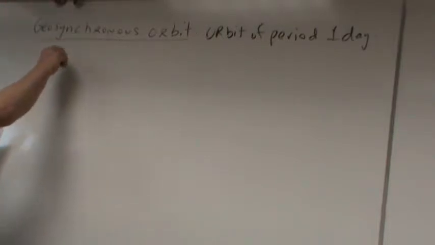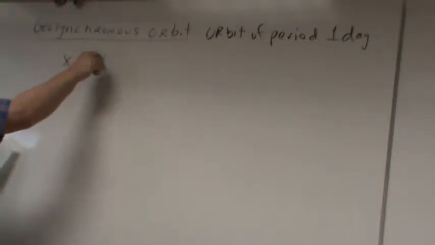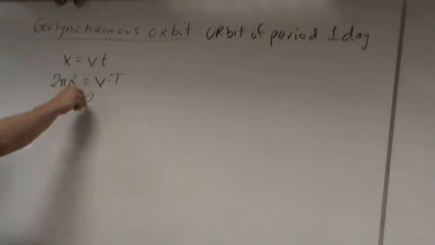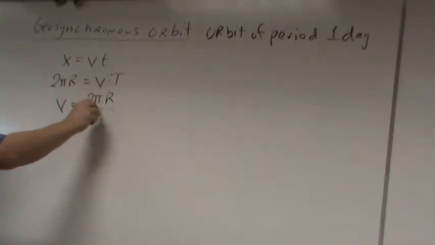Here's the thing. x equals vt. And so I need 2 pi r to equal v times the period, which means v is going to equal 2 pi r over the period.